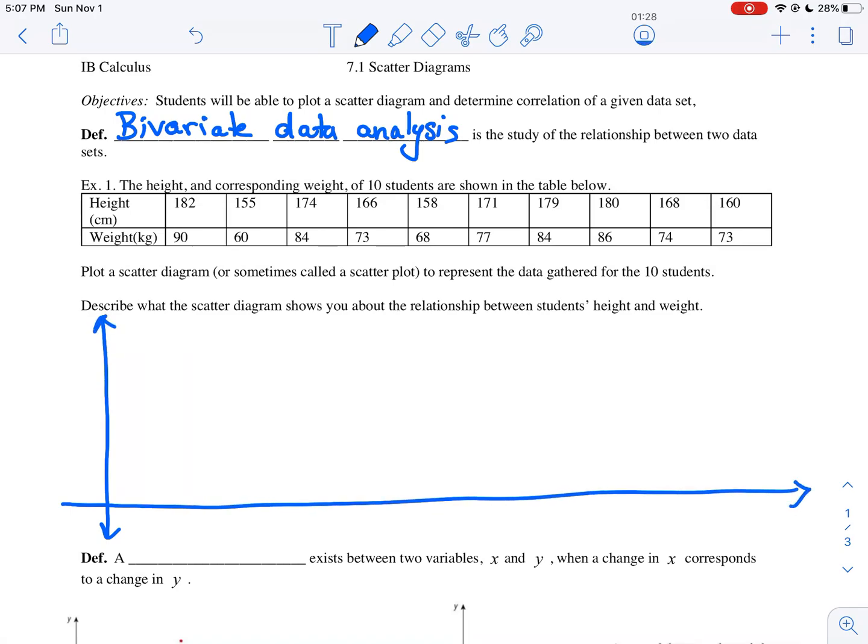We're going to put the heights on the x-axis, in centimeters, and we're going to put the weight in kilograms on the y-axis. So let's look at those heights. The smallest one I see is 155, so instead of this being 0, I'm going to call it 154.